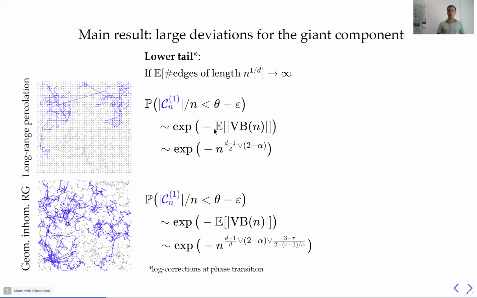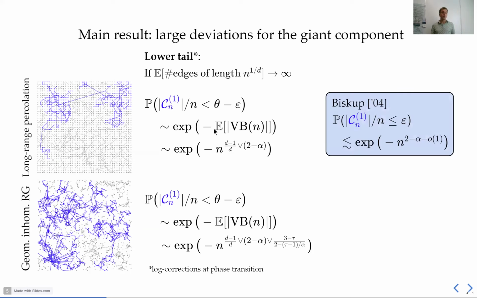So how does this compare to some previous results? So for long-range percolation, it was known by results like Biskup's, that the probability that the giant, the largest connected component, is smaller than epsilon times n, decays stretched exponentially.